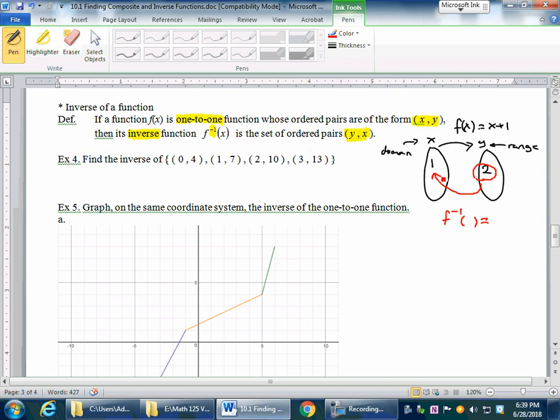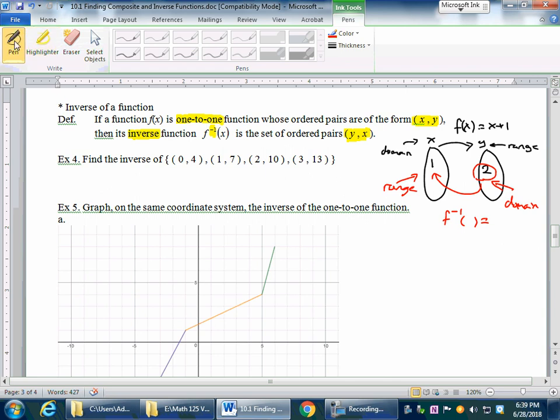So for the inverse function, this 2 becomes my domain, and then 1 becomes my range. So notice that the original function and the inverse function, their domain and range are flipped around. So that's why when you see the inverse function, the ordered pair becomes y and x, which is you interchange x and y from the original one.